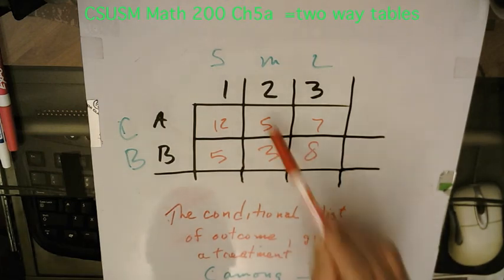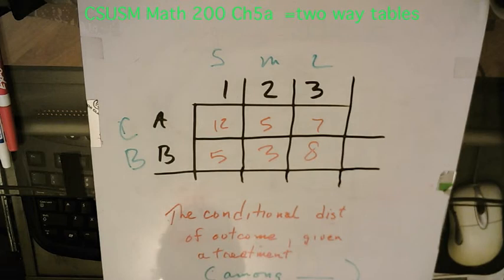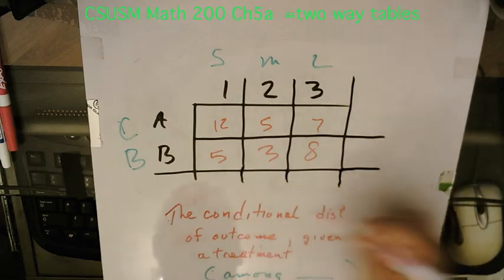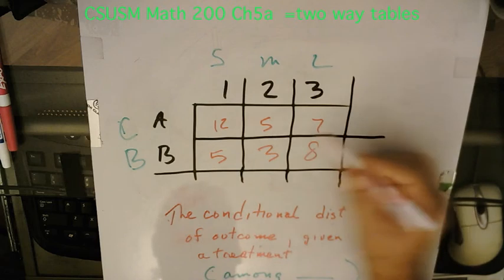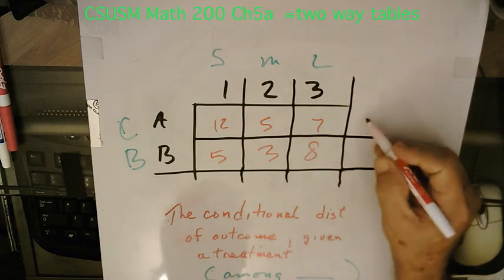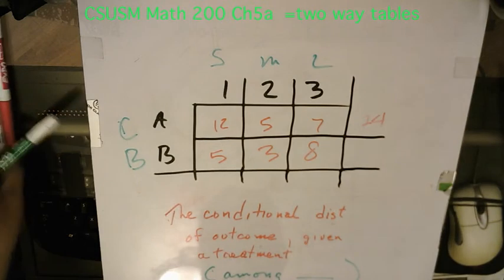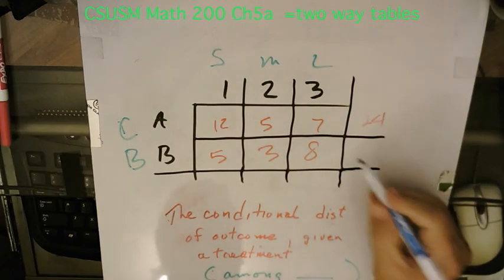This is your data. Now, one of the first things they talk to you about in taking a two-way table is to add up all of these rows and all of these columns. And so we had 17, and 7 is 24, and 5 and 3 is 8, and 8 is 16.